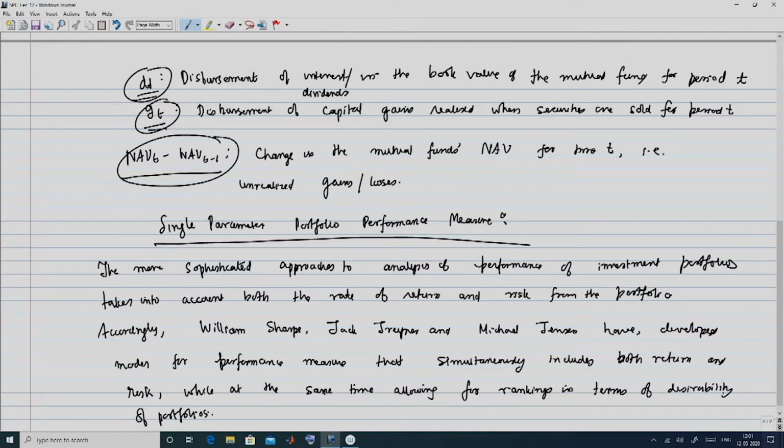So, this means that these three individuals came up with certain ways of measuring the performance of a portfolio. This is based on the return and the risk, and in this case the risk could mean both the standard deviation or the beta, as the case might be, and we will see the corresponding cases for sigma p and beta p and how it is being used.